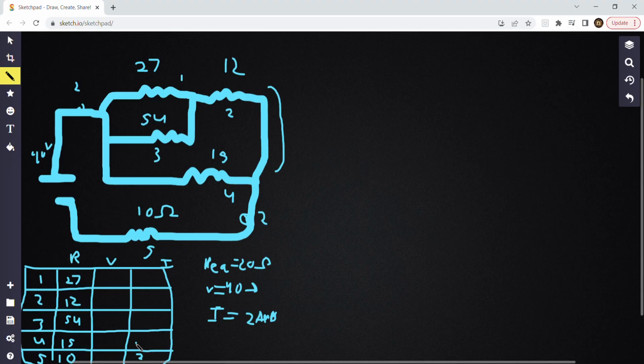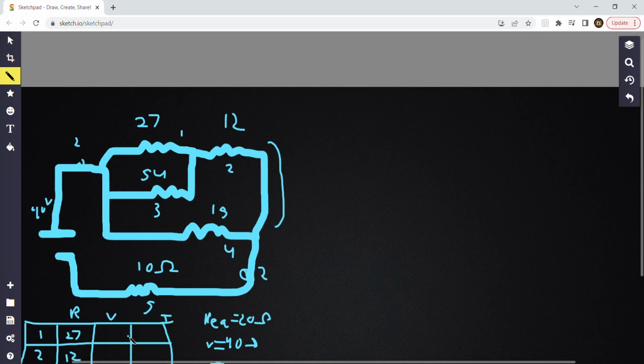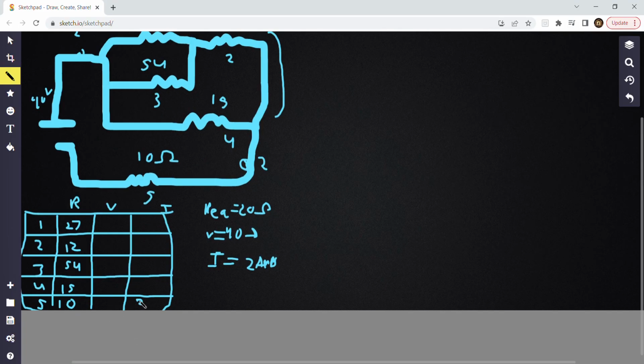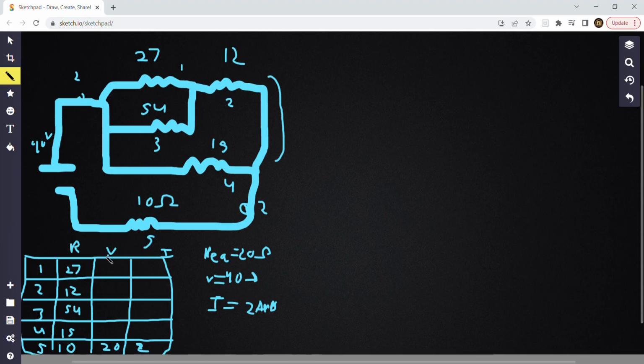Let me just scroll down. If this is 2 amps, then V equals I times R, so this is going to be 20 volts, 2 times 10. These are all in ohms, and this is volts, and this is amps.